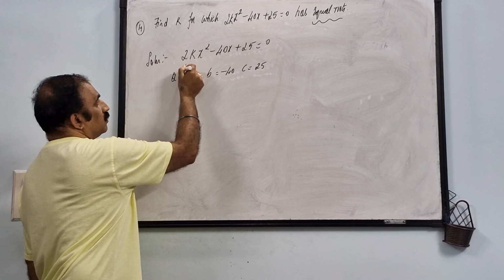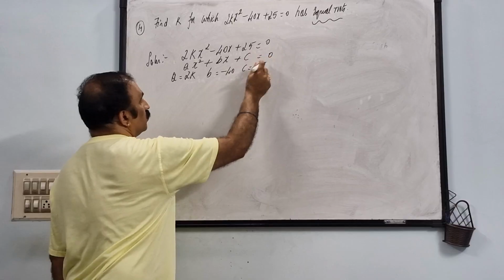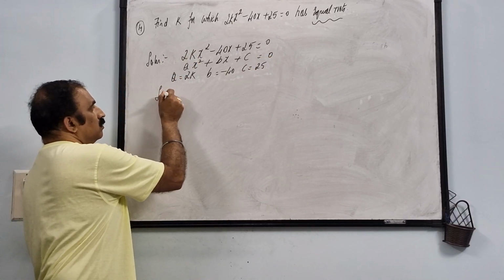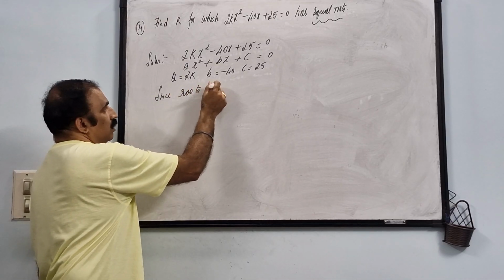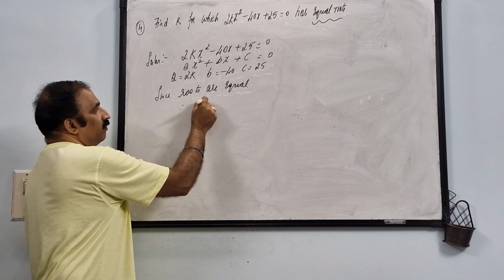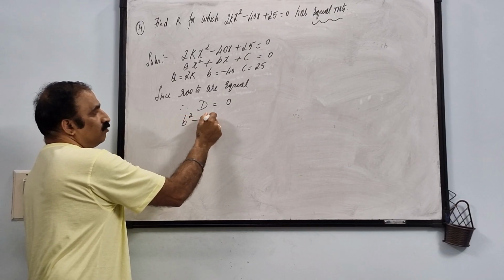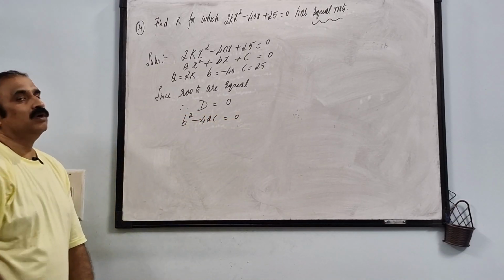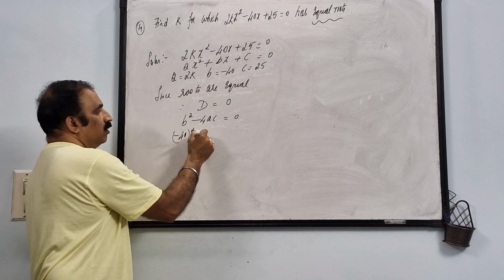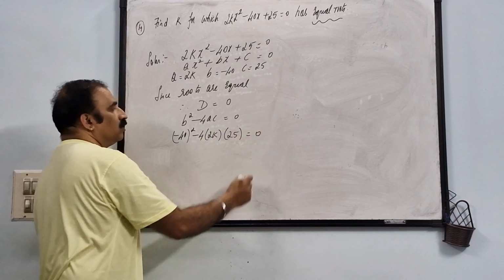Based on the condition, the standard form of the equation is ax square plus bx plus c equal to 0. So the particular coefficients are written. Now, since roots are equal, the discriminant D is going to be equal to 0. So the formula b square minus 4ac equal to 0. We take b as (minus 40) whole square, 4 into a which is 2k, and c which is 25, equal to 0.